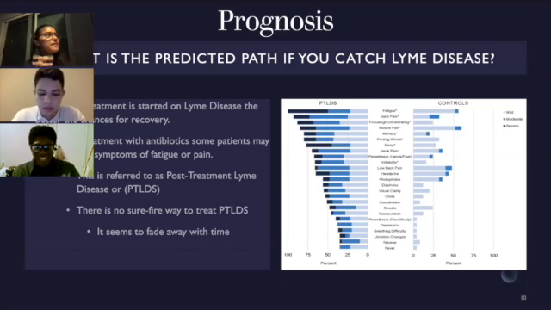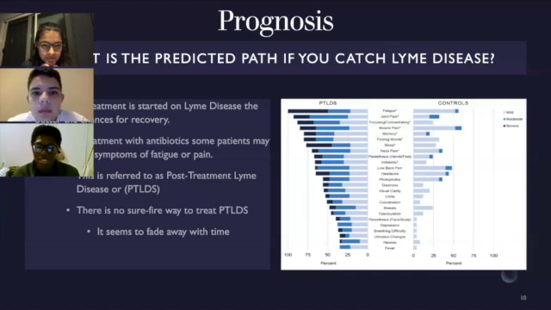The quicker you get it handled, the less likely you are to develop symptoms of PTLD, which is referred to as post-treatment Lyme disease, which are random symptoms that show up after the disease has cleared out of your system. PTLD tends to clear up with time. There's no effective countermeasure against it.